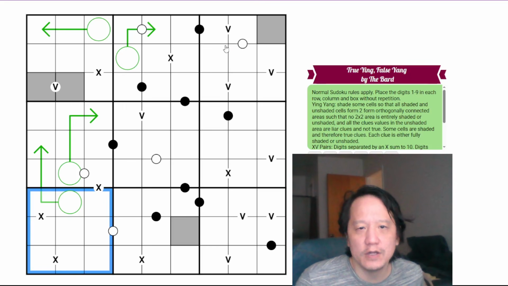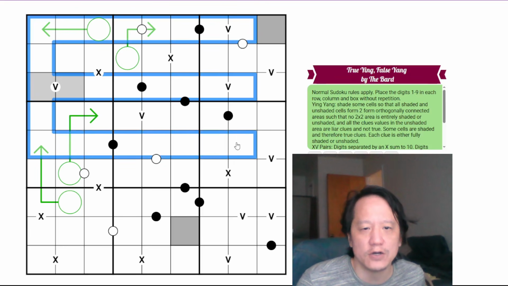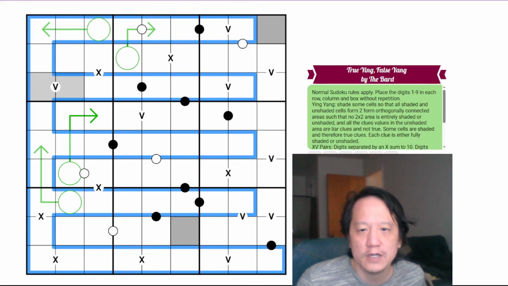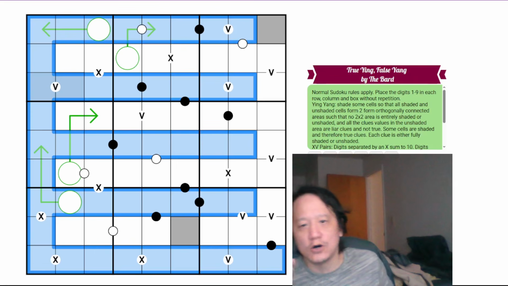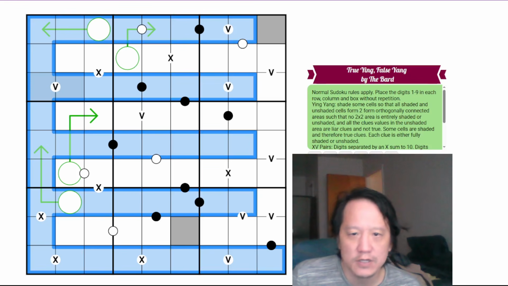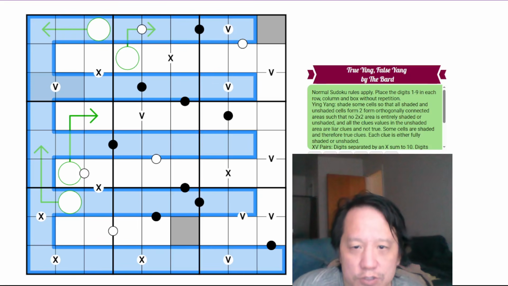We have yin-yang shading, where we need to shade some cells so that all shaded cells and all unshaded cells form two orthogonally connected areas such that no 2x2 area is entirely shaded or entirely unshaded. And all the clues values in the unshaded areas are liar clues and not true. Interesting.